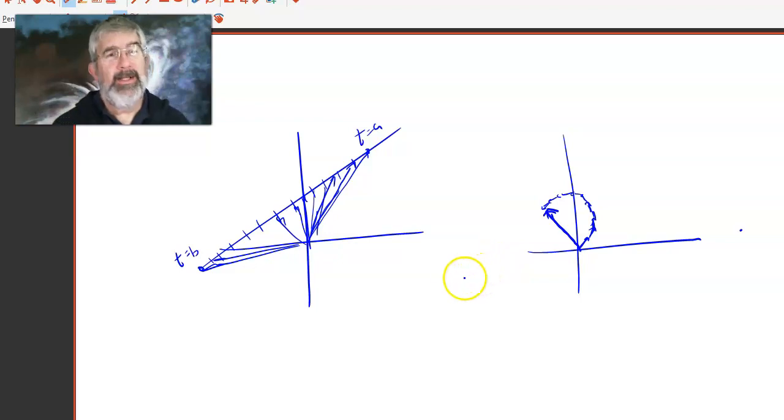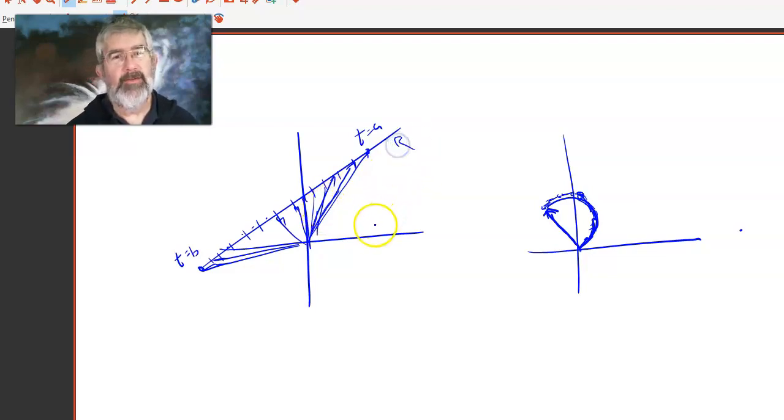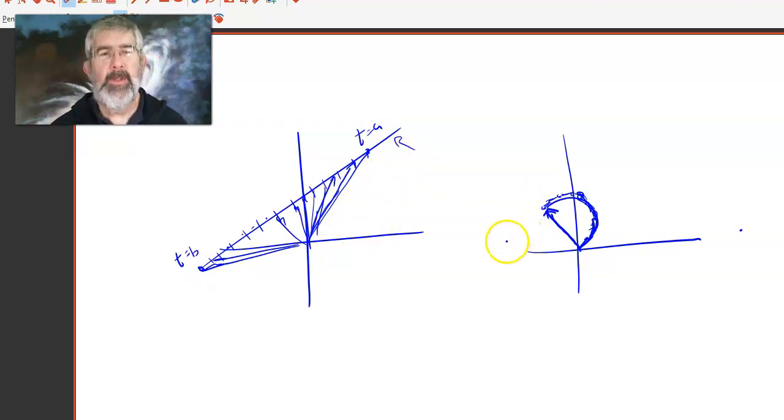But also what I can see is if, rather than stopping at b, I stopped at any point in between, I would just stop at some other point here. And this little sum of tangent lines is actually describing the curve, which is the indefinite integral of that straight line vector function.